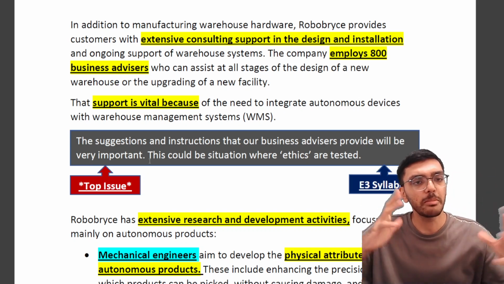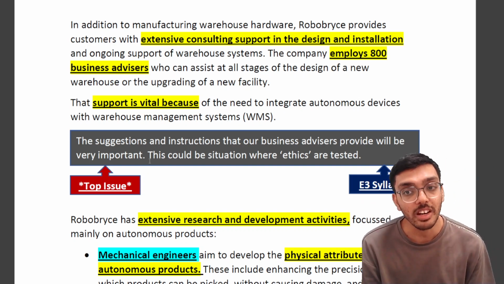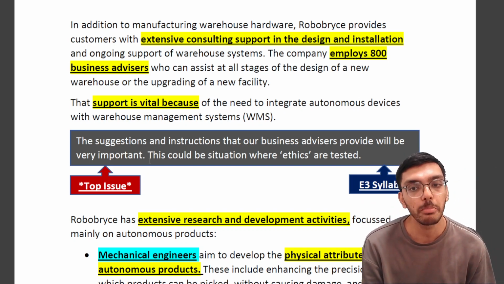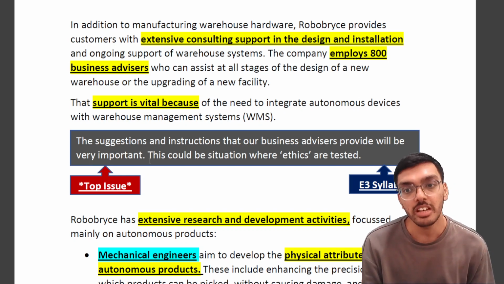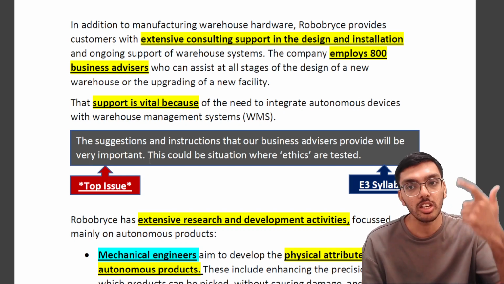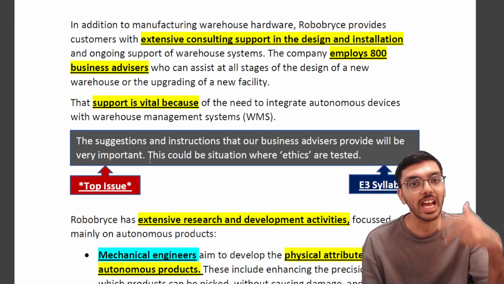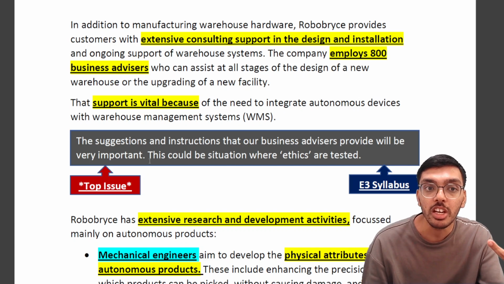Now, one thing I'm thinking over here is the suggestions and instructions that our business advisors will provide will be very important, because ethics can be tested over here. They always need to follow the CIMA code of ethics of integrity, objectivity, confidentiality, professional behavior, professional competence, and due care.